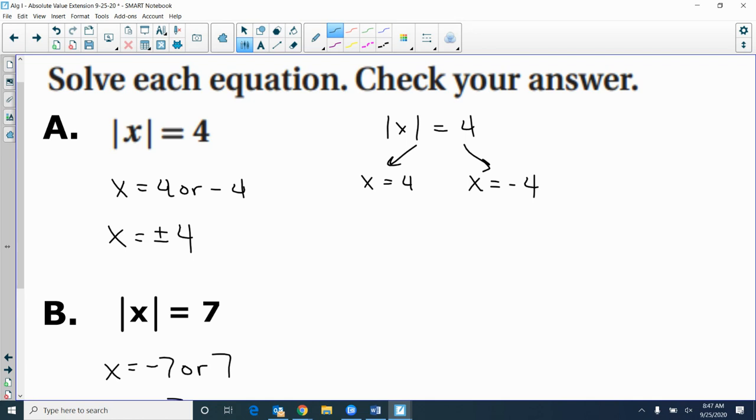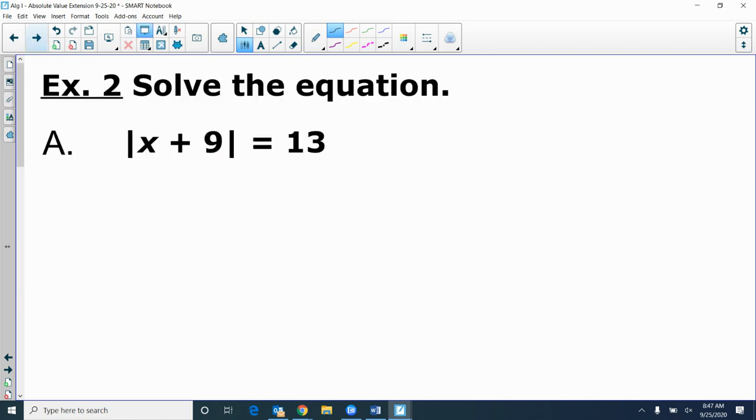If you have something inside other than an x, here's what you want to do. You're going to break it up into two cases. You're going to break it up into x plus 9 equals 13, or x plus 9 equals -13. Because we're going to get two different answers, but they're not necessarily going to be the same number.